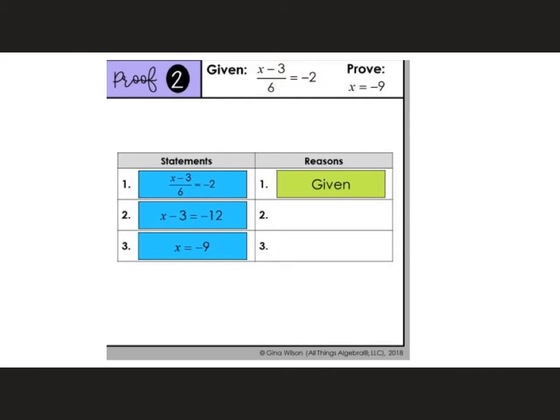Let's look at this one because it's not all filled in. So we've got the stuff that we know down. Given, the equation. We've solved out the equation here, and now we just need to find the reasons.